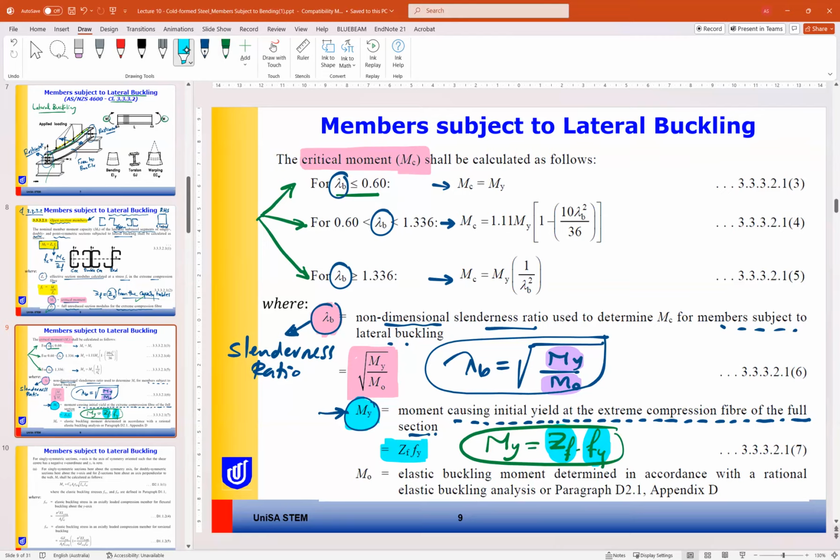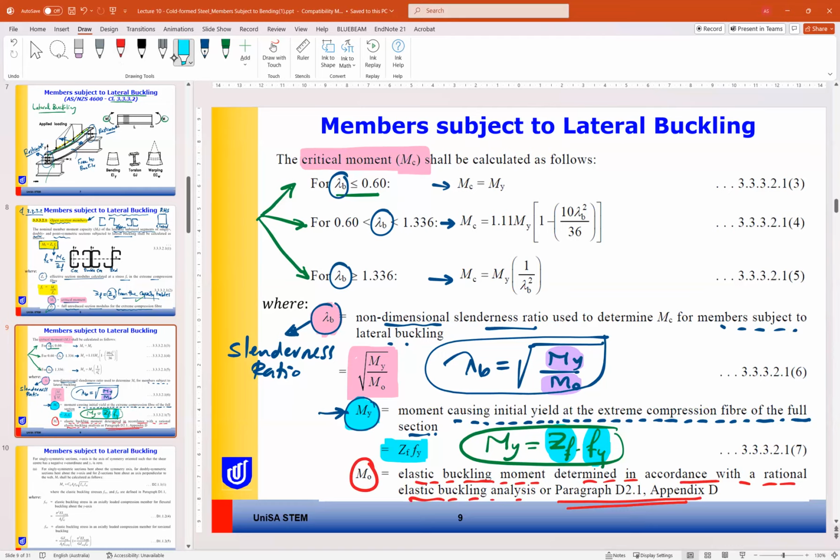So our main calculation will be for what? For MO. MO is the elastic buckling moment determined in accordance with rational elastic buckling analysis or paragraph D2.2.